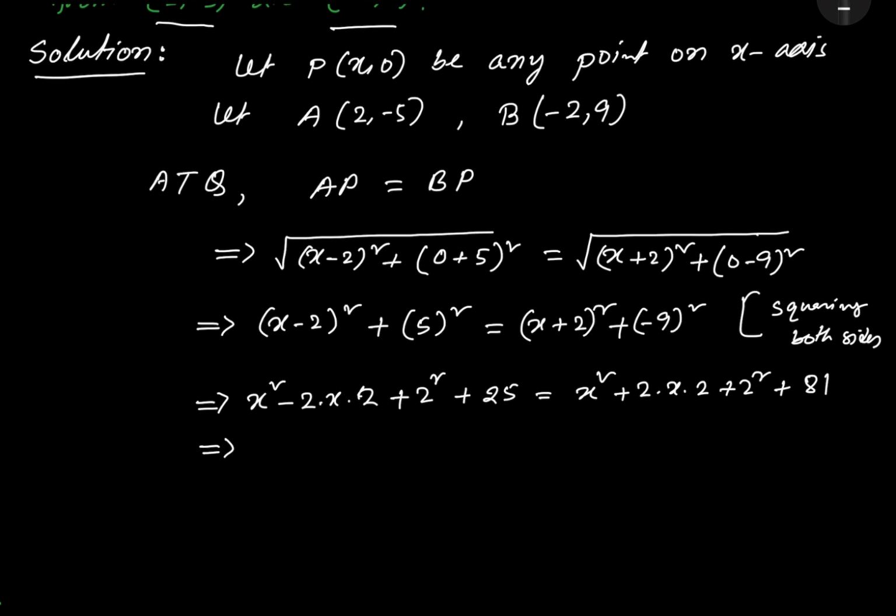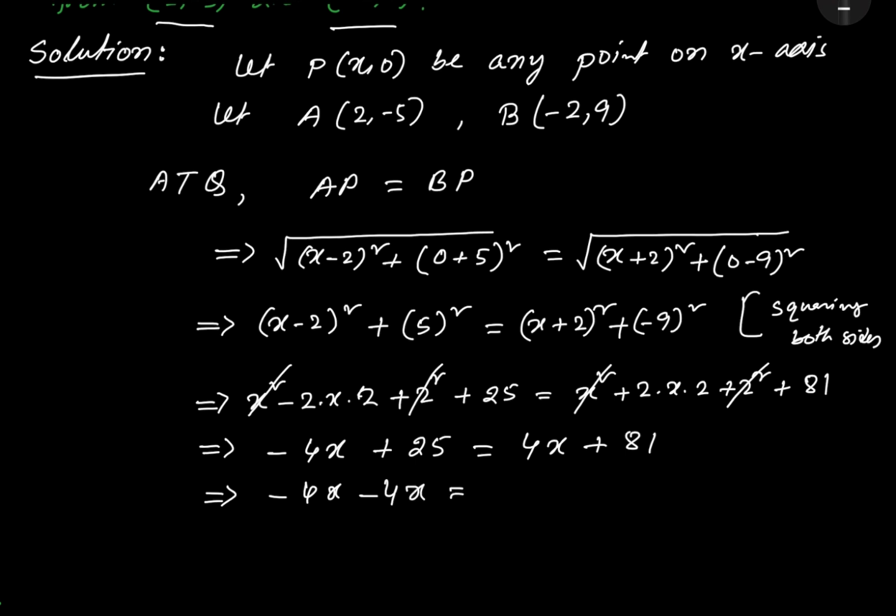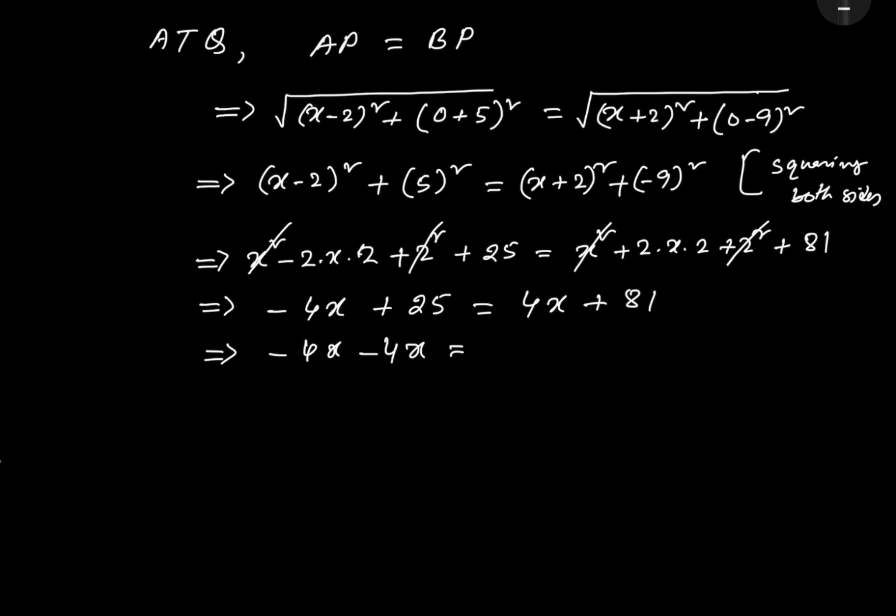Now simplify. So in both sides we can cancel out this x square and this x square, this 2 square, this 2 square. So here it is minus 4x plus 25 equals to 4x right hand side plus 81. Now take that 4x from right hand side, here it will be minus 4x and it will be 81 minus 25.